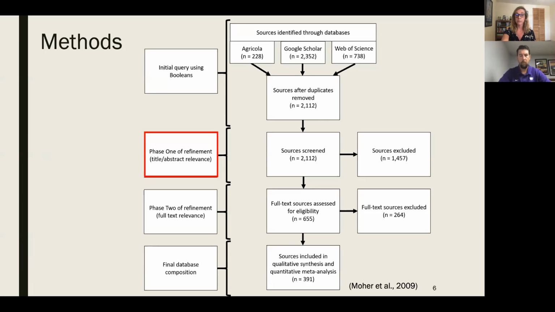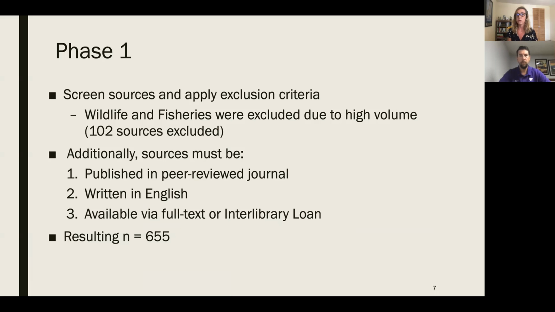So our first phase of refinement included title and abstract relevance. So here we had some exclusion and inclusion criteria that are important to consider. One thing that we did choose to exclude in this stage is wildlife and fisheries. And this was because of the high volume and we didn't want to take away from the focus on ECSS.